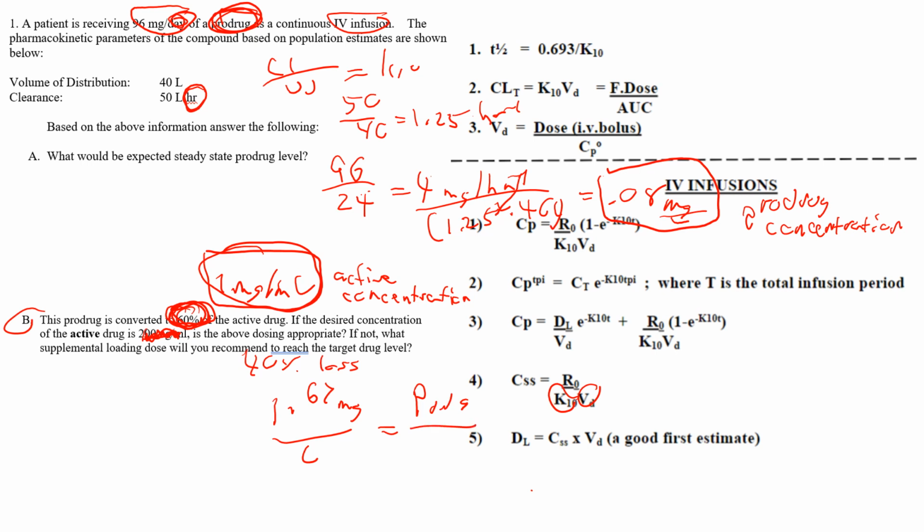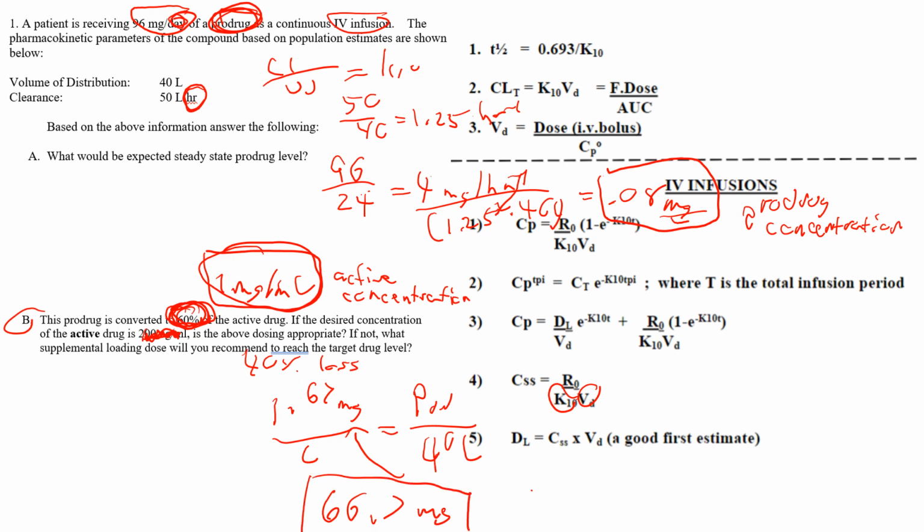This is like a raw total dose over a volume, and we do know that. We know our volume of distribution is 40 liters. So it's really simple. We just multiply 40 over to this side. 1.67 times 40 is 66.7 milligrams. And that's our initial prodrug dose, which is pretty high.